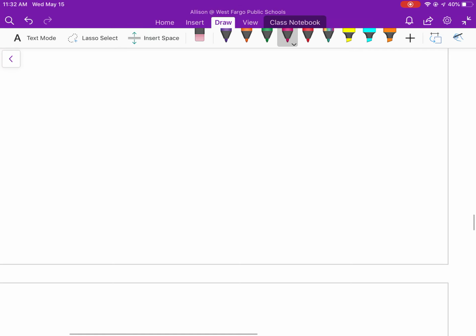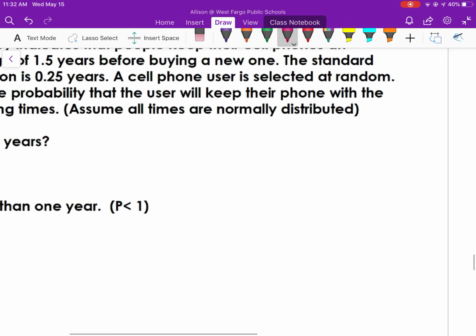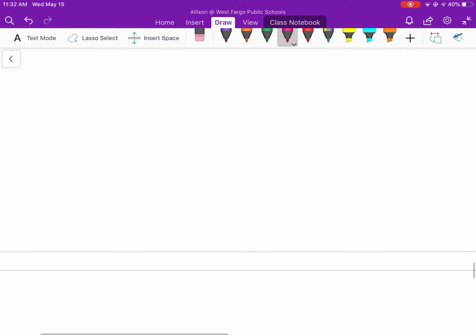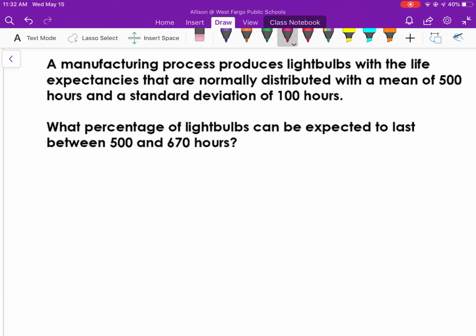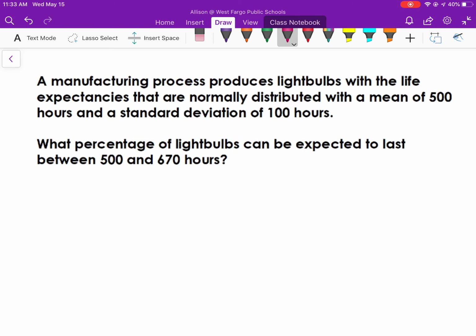I think I'm going to skip the cell phone one for now. It is filled out in my notes if you'd like to see that one done. And I think I'm going to do the manufacturing light bulbs one. So light bulbs with a life expectancy with an average of 500 and a standard deviation of 100.